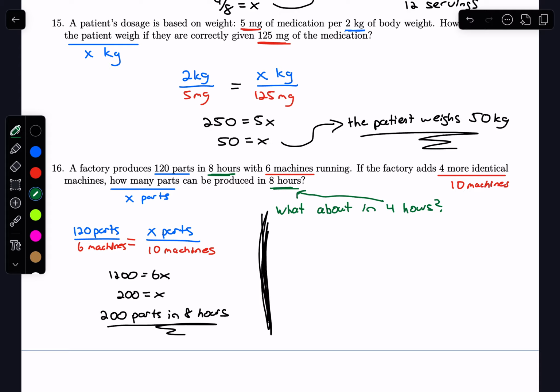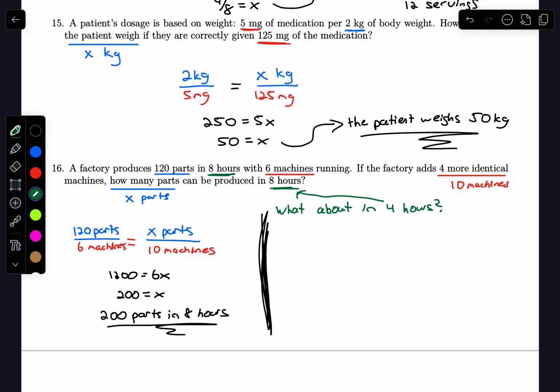Well, then our proportion is actually going to have fractions in it. And there's always multiple ways you can set these up, mind you. But the way I would set up this question, if it said a factory produces 120 parts in 8 hours with 6 machines, and the factory adds 4 more identical machines, how many parts can it produce in 4 hours?